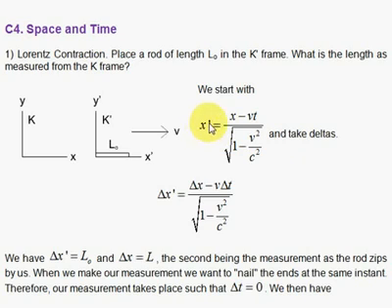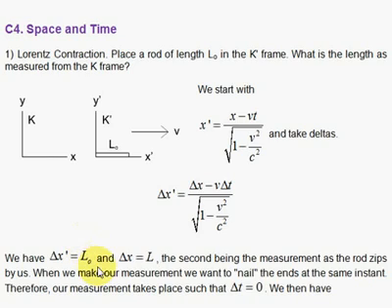We have x prime is x minus vt, the Galilean transformation, divided by the square root of 1 minus v squared over c squared, and we take deltas. Delta x prime is equal to delta x minus v delta t. Now, delta x prime is going to be the length of the rod in the frame in which the rod is.